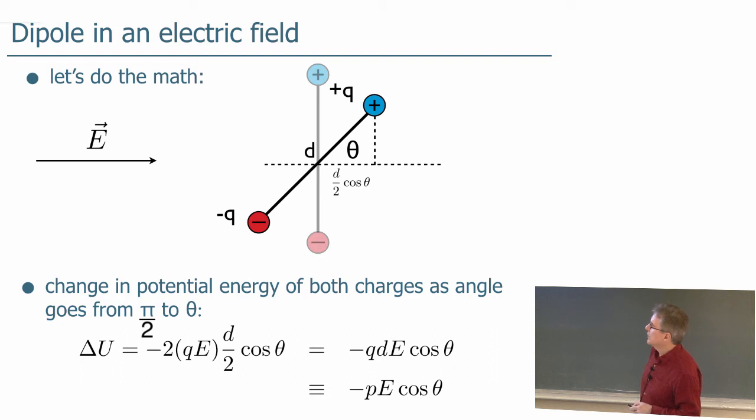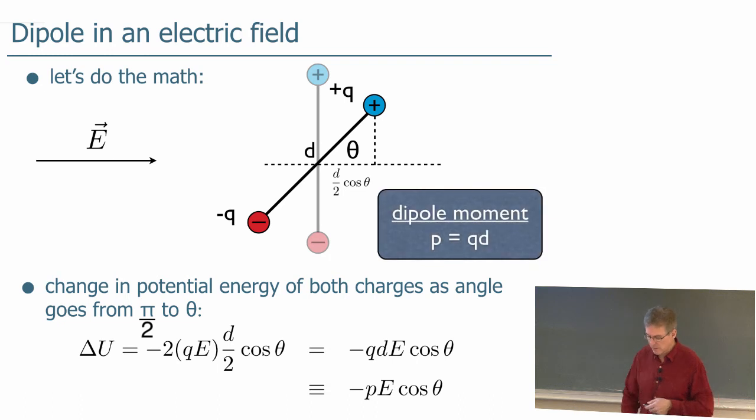So the change in potential energy is downward. It's minus 2 times Q times E, the force, times the distance, d over 2 cos theta. The 2's cancel, so you just get Q d E cosine theta. And we define something called the electric dipole moment as P equals Q times d. So in the final line here, we just say it's minus P times E times cosine theta.